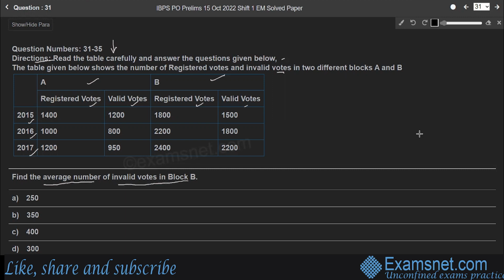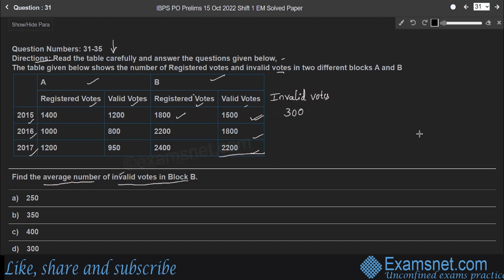So valid votes are given, right? 1500, 1800 and 2200. We have to find the average number of invalid votes. So let us find invalid votes in each year. Invalid votes in 2015 in block B: registered votes are 1800, in that valid votes are 1500, so the remaining 300 votes are invalid.